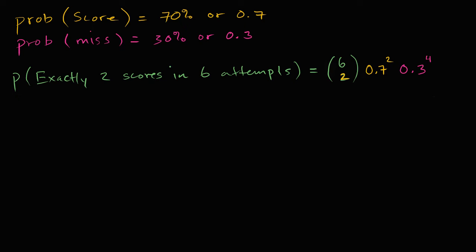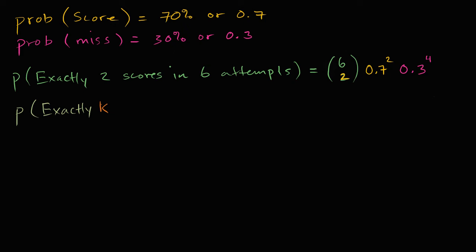So if I were to generalize it, the probability of exactly, now let's say K, let me do this in an interesting color, this orangish brown color, K shots, or exactly K scores. I'll call making a free throw a score. We'll just assume you got a point for it.